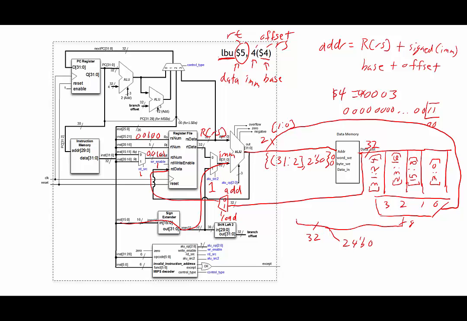Then we need to choose between our original 32-bit signal and our byte. So we're going to use another multiplexer here, where 0 is for a regular load word, 1 is for load byte, and we're going to have a new signal, load byte, that will control this mux to indicate that we want an 8-bit byte rather than the 32-bit word.